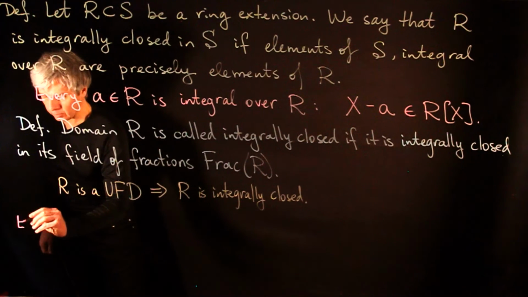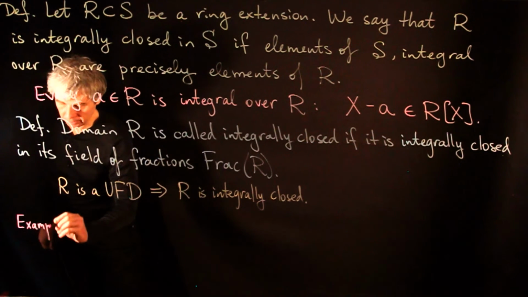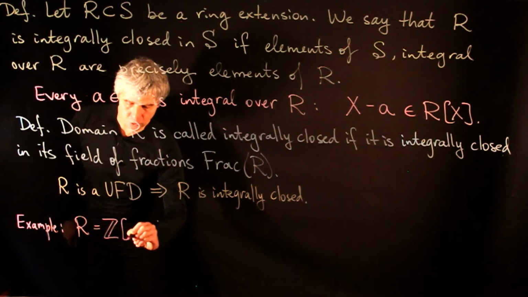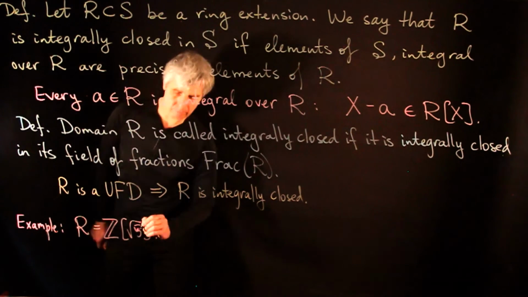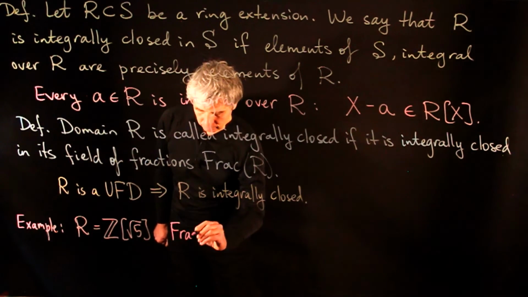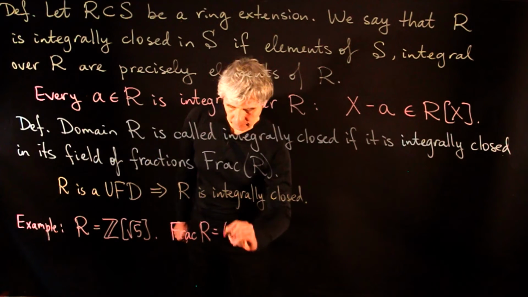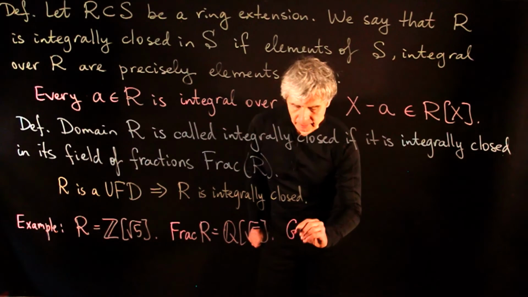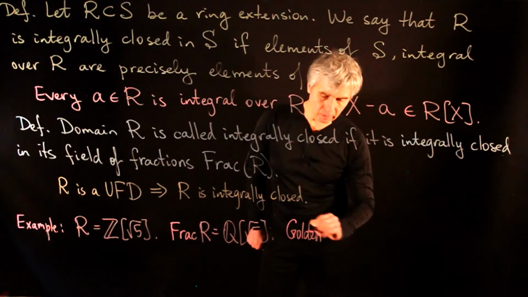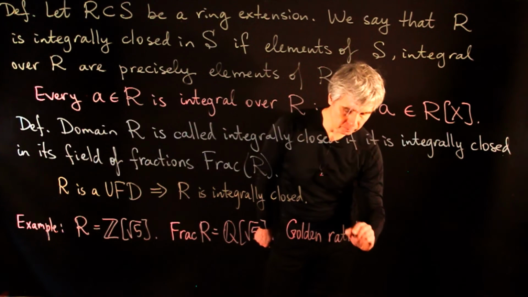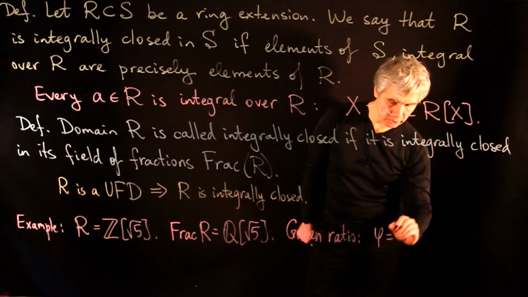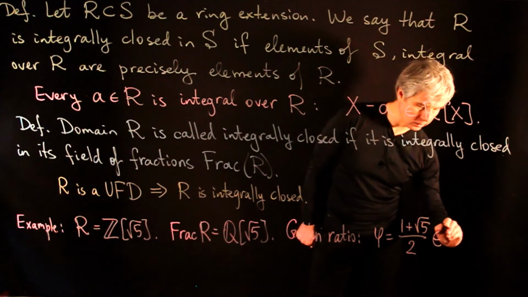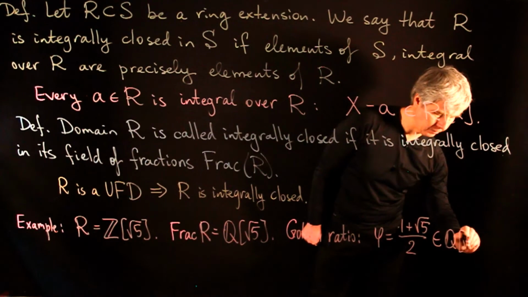Let us give an example of a domain which is not integrally closed. So let's take R to be Z adjoin square root of 5. Here, the field of fractions is Q adjoin square root of 5. Let's take the element golden ratio. So this is phi, which is 1 plus square root of 5 over 2. So this is in Q adjoin square root of 5.